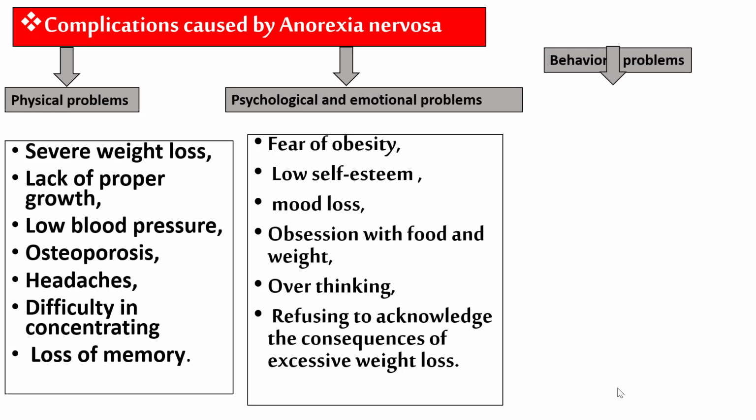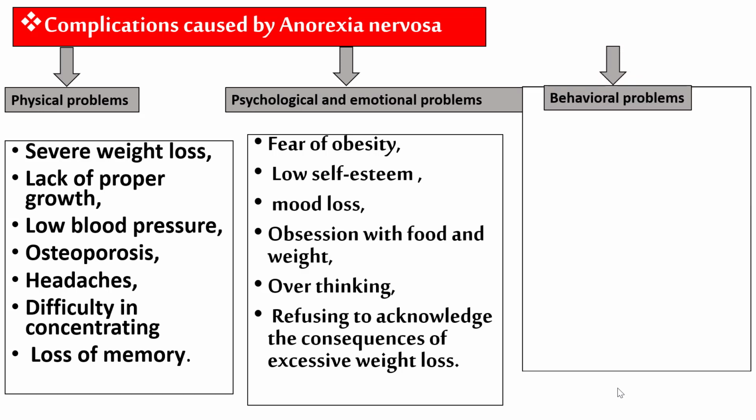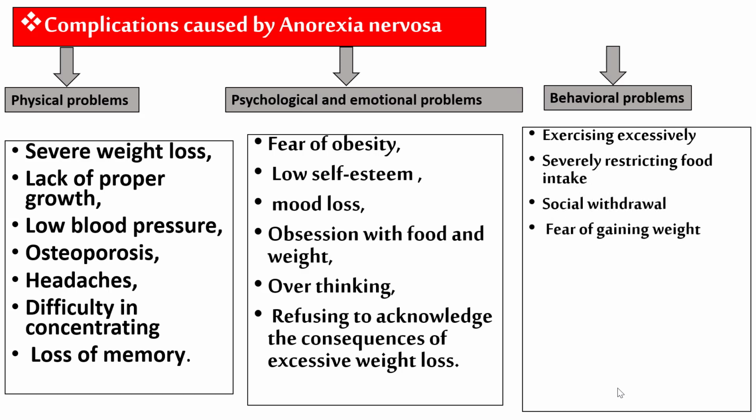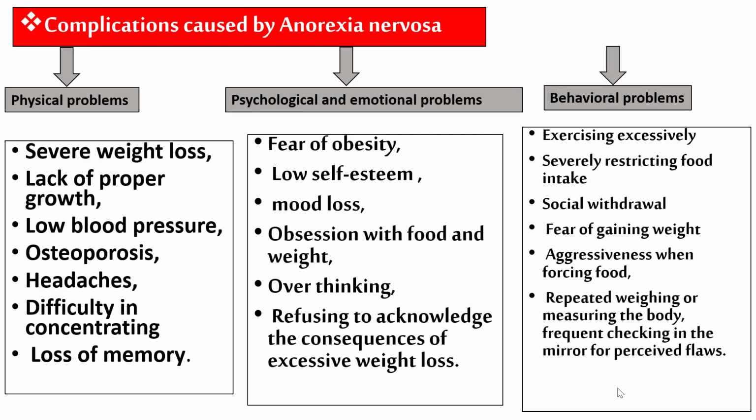Behavioral problems such as exercising excessively, severely restricting food intake, social withdrawal, fear of gaining weight, aggressiveness when forced to eat, and finally, repeated weighing or measuring of the body, and frequent checking in the mirror for perceived flaws.